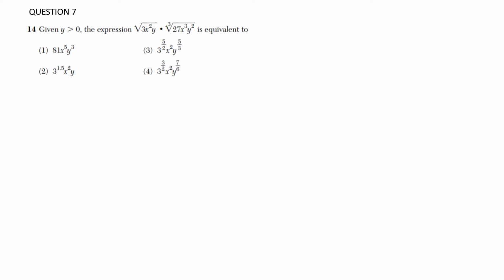So given y is greater than 0, the expression square root of 3x squared y times the cube root of 27x cubed y squared is equivalent to. So we know that rooting something is just raising that term to a power of 1 over something, right? So let's simplify this out that way. 3x squared y is raised to the power of 1/2, right?